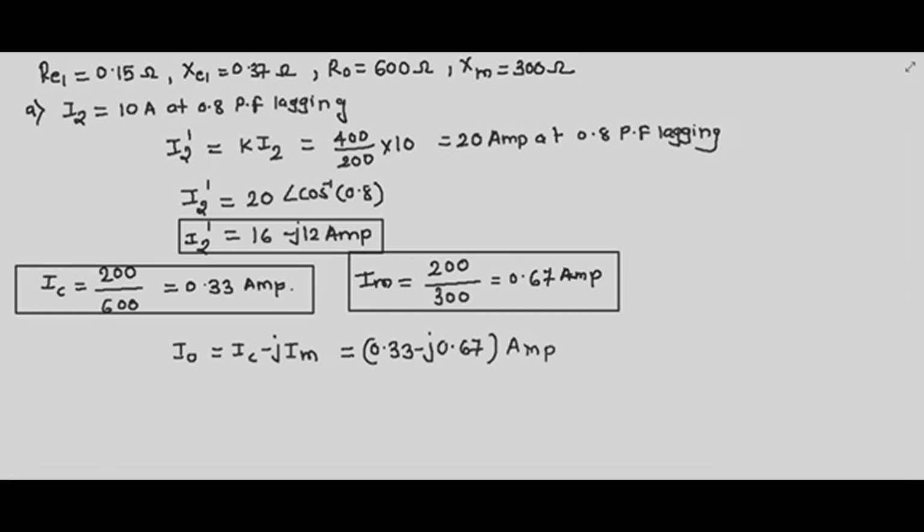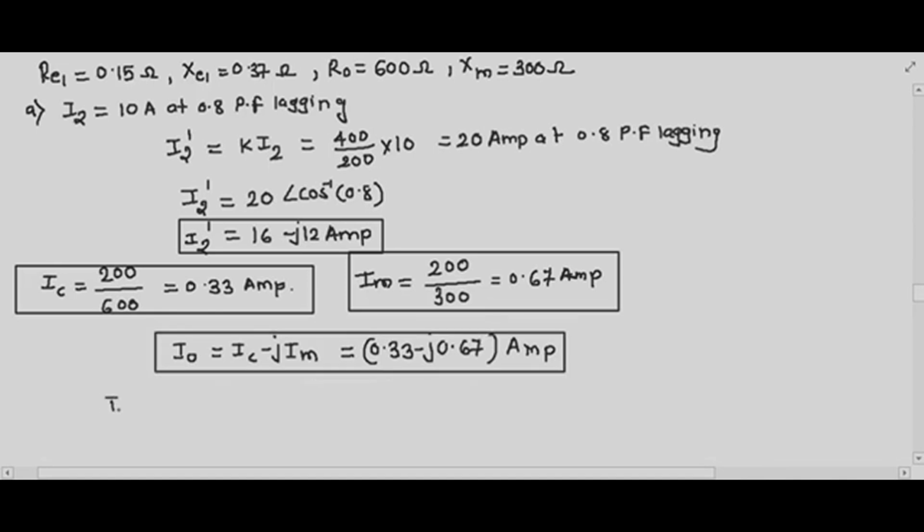Why are we finding out I2 dash and I0? Because my primary current I1 is nothing but the vector sum of your I0 and I2 dash, right? So what is my I1? I1 will be I0, that is 0.33 minus J 0.67, plus I2 dash, which is 16 minus J12 ampere.